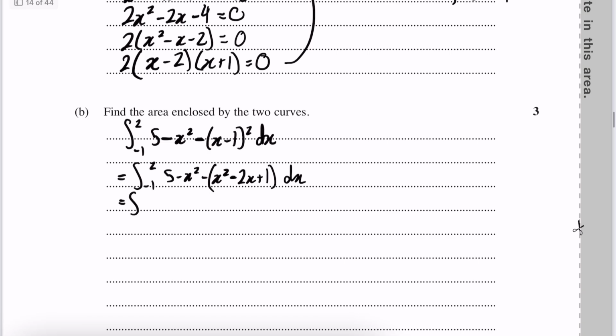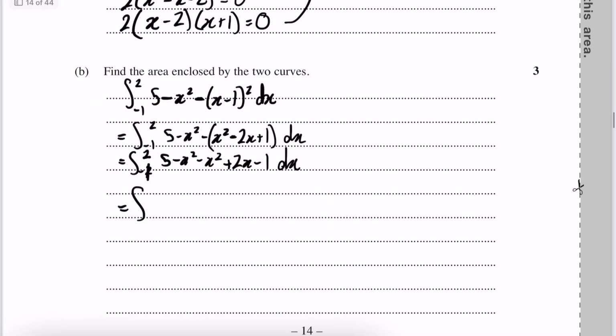Do some more expanding. 5 minus x squared plus 2x minus 1. And collect like terms. So we get minus 2x squared plus 2x plus 4.